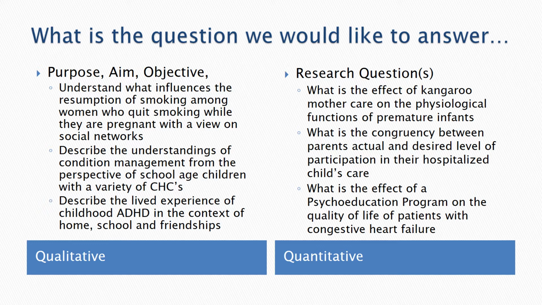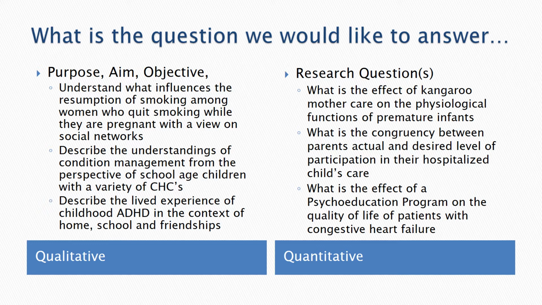And the first one was a study on women who choose to quit smoking while pregnant but then resume it postpartum, and the impact of social networks on that. So the stated purpose was to understand what influences the resumption of smoking among women who quit smoking while they are pregnant, with a focus on social networks.